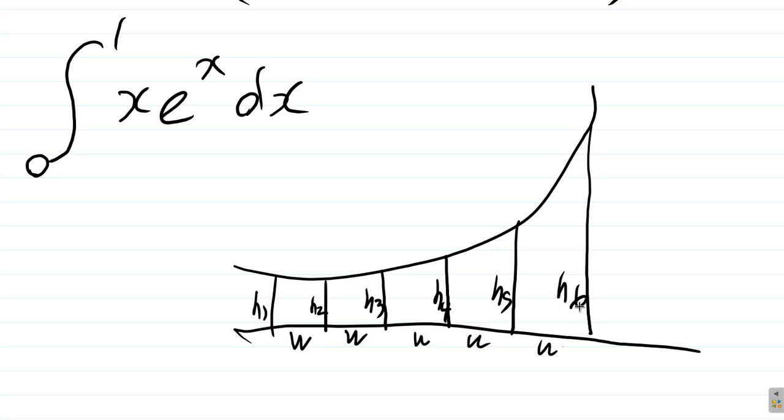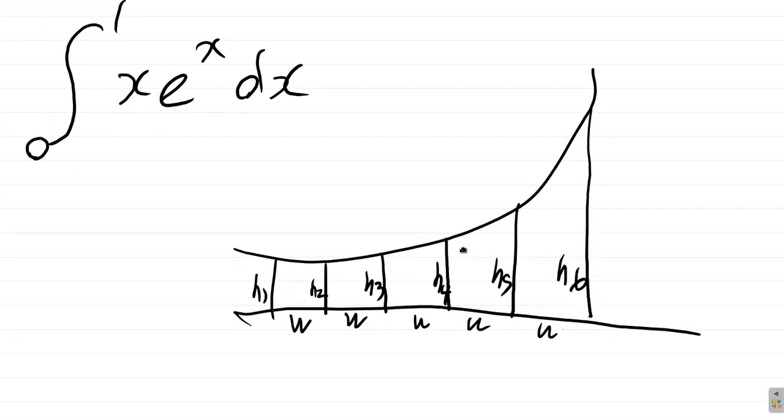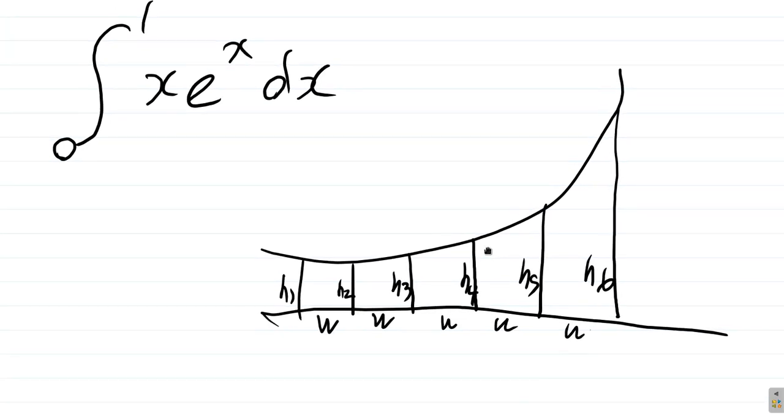Sometimes you might start at H0, but we start at H1, so we just work with it. Now, what are the values? H1 is at 0. Guess what? The first one will be 0.